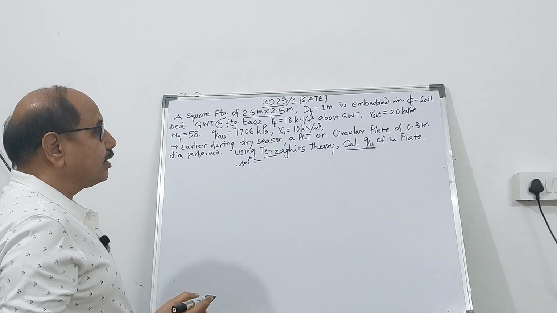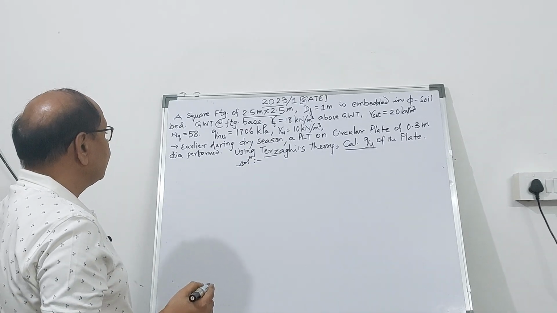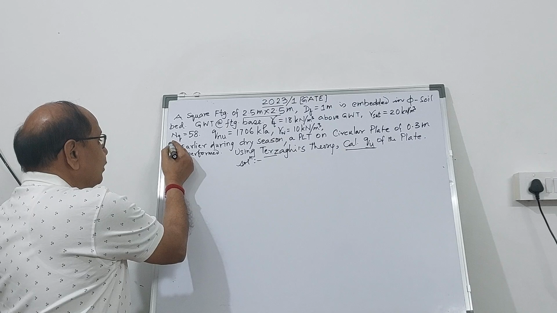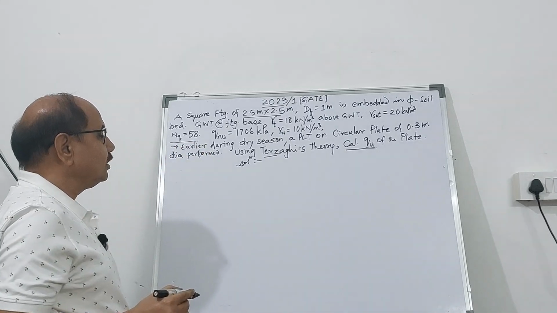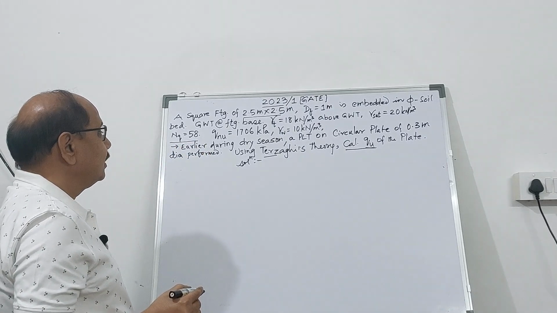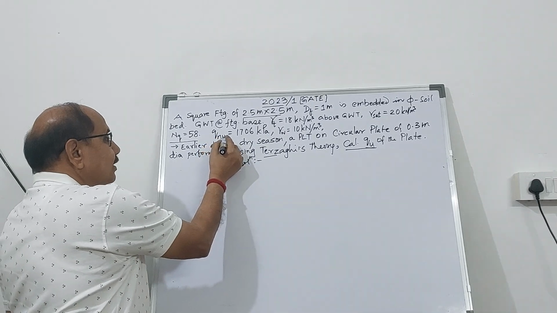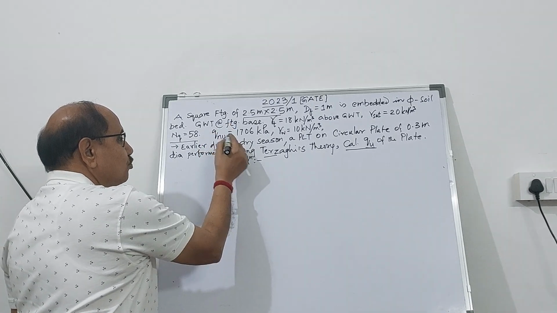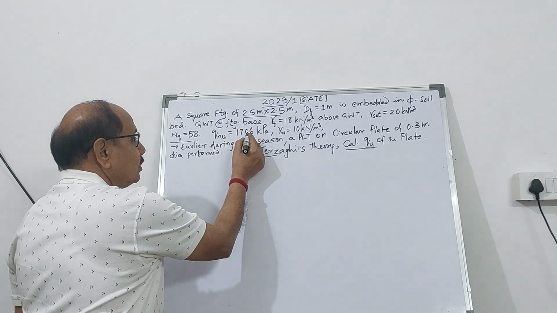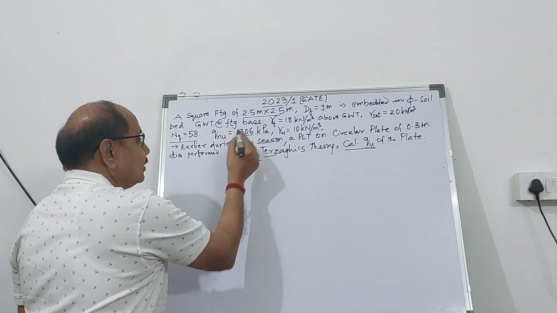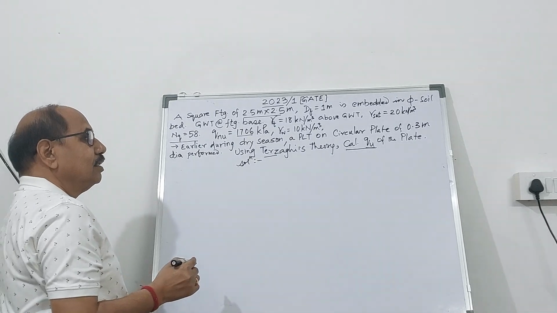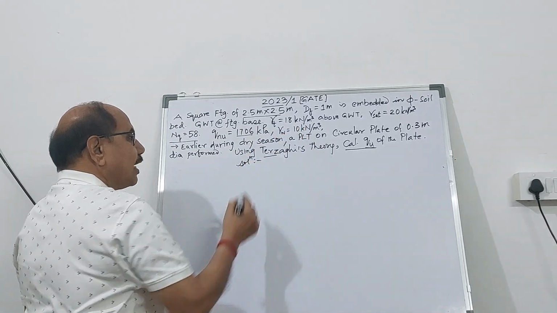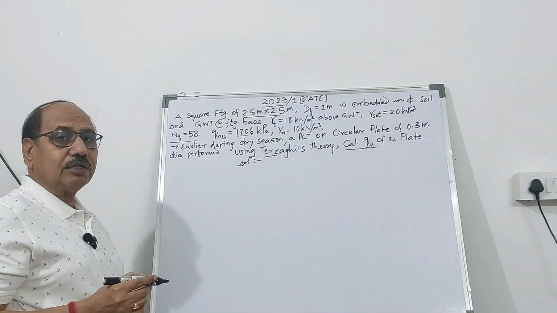Saturated unit weight is given as 20 kilonewton per cubic meter, and the bearing capacity factor NQ is given as 58, and the net ultimate bearing capacity of this footing is given as 1706 kilopascal. Unit weight of water can be taken as 10 kilonewton per cubic meter.